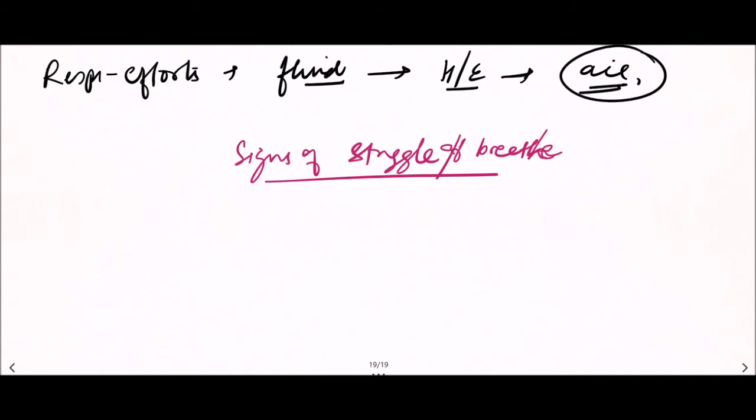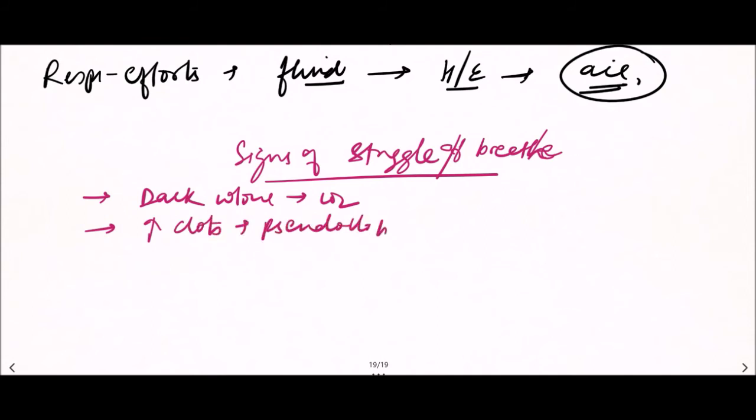There is dark discoloration of blood, so blood would be dark in color as a result of accumulation of CO2. Now, hemoconcentration. Hemoconcentration increases clots, and these are known as pseudoclots due to hemoconcentration.